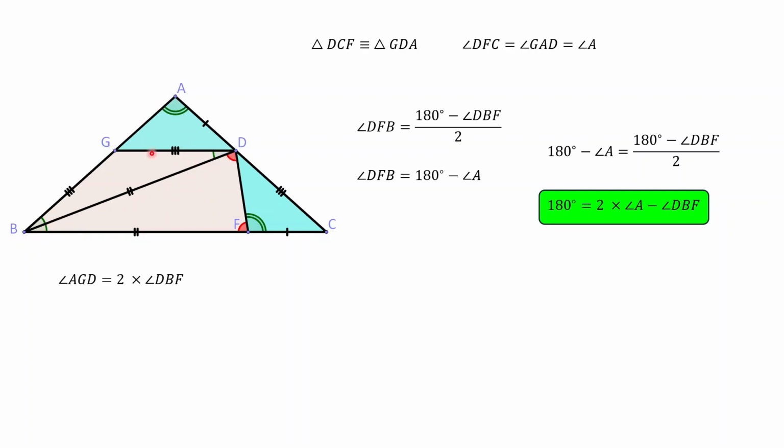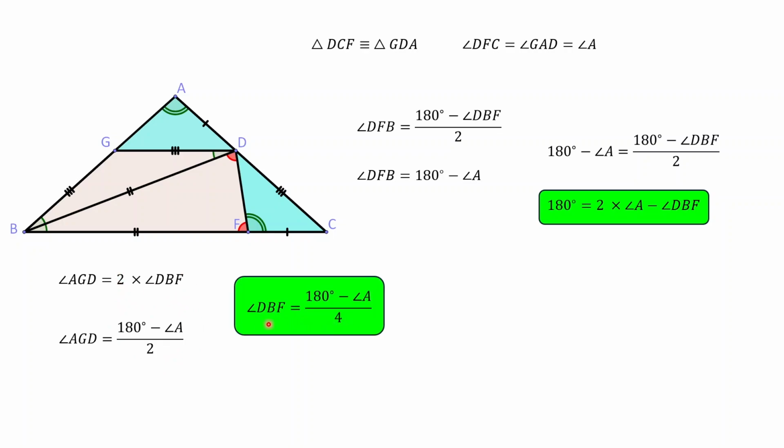So angle AGD is 2 times DBF. This angle itself is (180 minus A) divided by 2. So I can write that this is equal to 2 times DBF. We can take the 2 to the other side. So angle DBF will be (180 minus angle A) divided by 4.